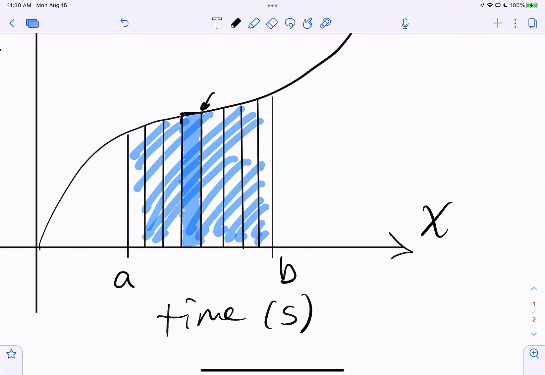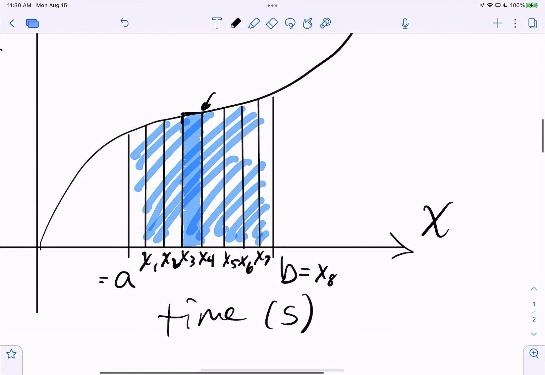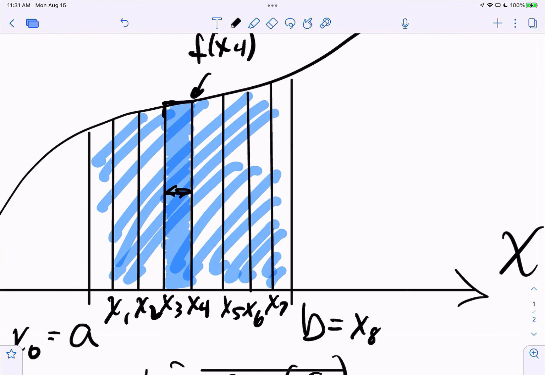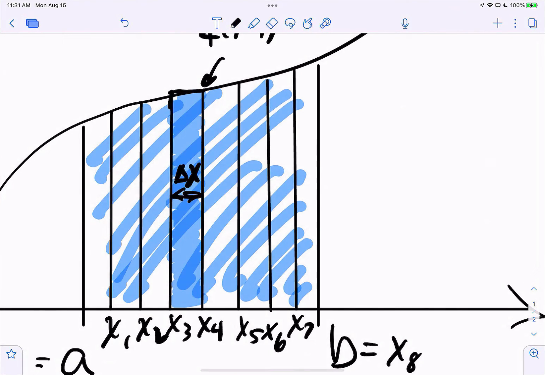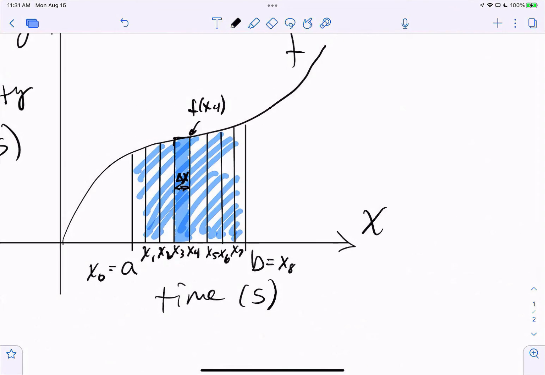Suppose I label these vertical lines x1, x2, x3, x4, x5, x6, x7, and then b, I'll say it's x sub 8, and then a we'll say is x sub 0. Then the height of this particular rectangle is going to be f of x sub 4. Don't worry about it being 4. And then the width of the rectangle we'll say has a width of delta x, just some increment on the x-axis.